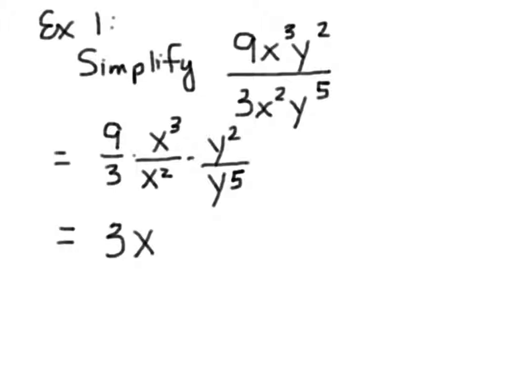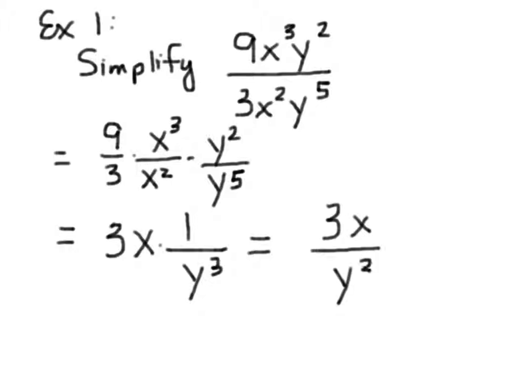And then, for our y term, the 5 here is the larger one, so we're going to take it to the denominator, like this. So 1 over, and we're going to subtract, which gives us a 3. And then for our last step, we would really like to write this as a fraction. So 3x over y cubed.